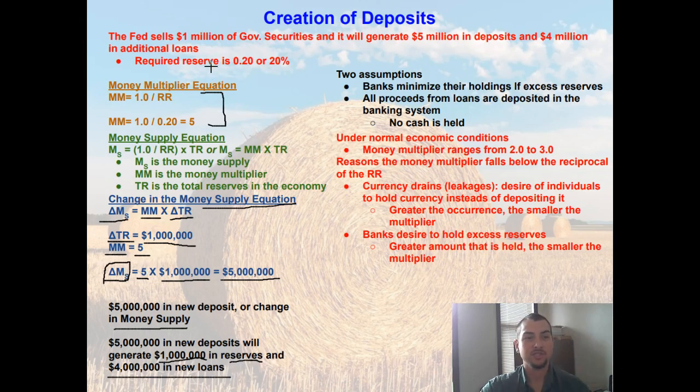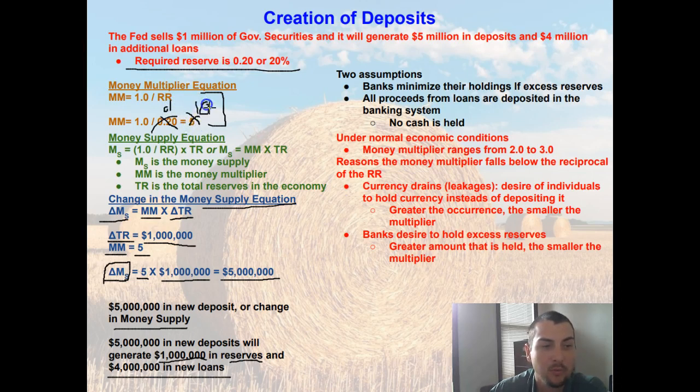So that should shed some light on how changing the required reserve ratio will also impact the money supply. So if we change that required reserve ratio, and now it is not 0.2, it's actually 0.1. So 1 divided by 0.1 would not be 5, it would actually be 10.